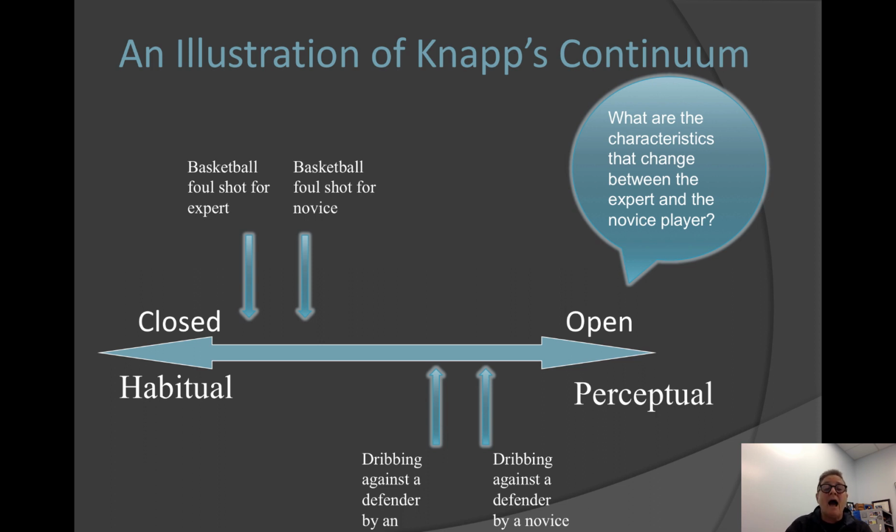Because the offender, the person dribbling, has to read the characteristics of the ball, where it's going to be, how fast it's going to come back to my hand, how slow it will return to my hand. And also there is a defender, and that defender is going to be somewhat unpredictable and also moving.